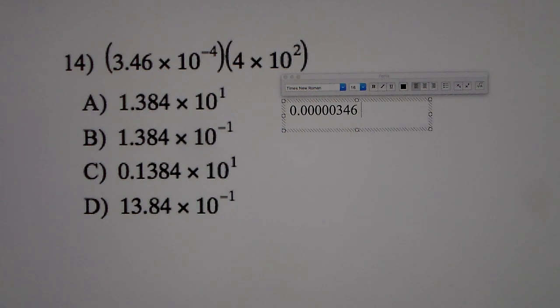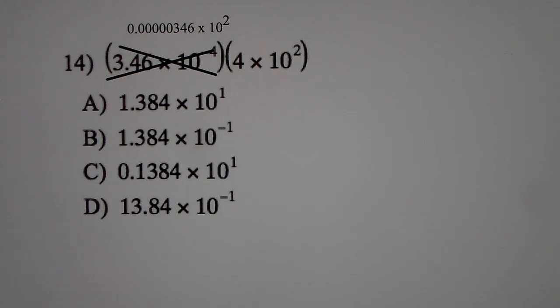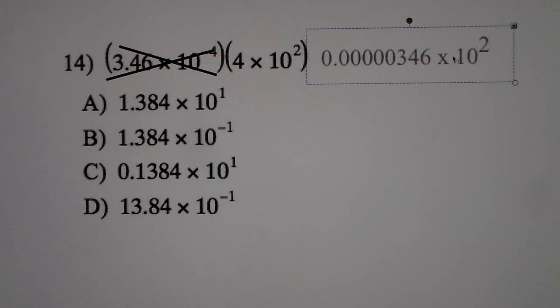And then it's going to be times 10 to the power of 2. So we just changed this equation into what we have. We manipulated it so we have the same times 10 to the power of 2.